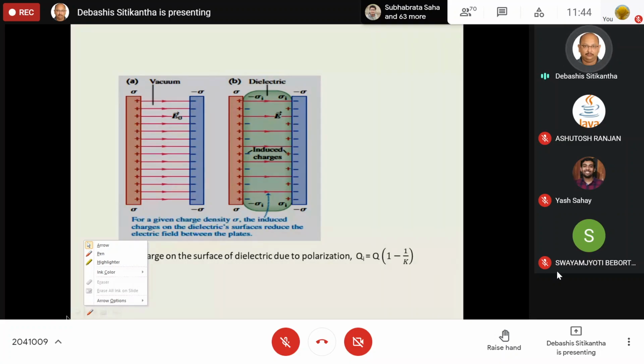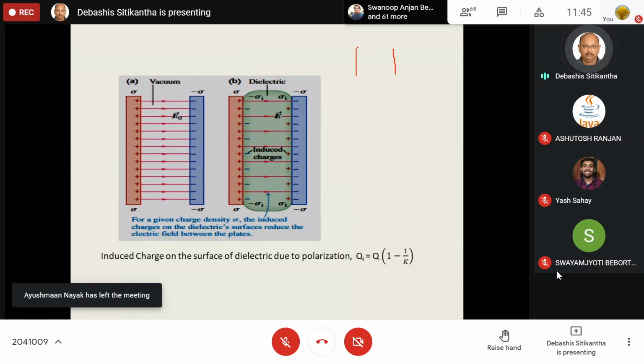Now, what is polarization? When a charged body comes near a neutral body, it induces some surface charge on the neutral body. You can see its application here. Here you have a capacitor with vacuum as the dielectric medium.